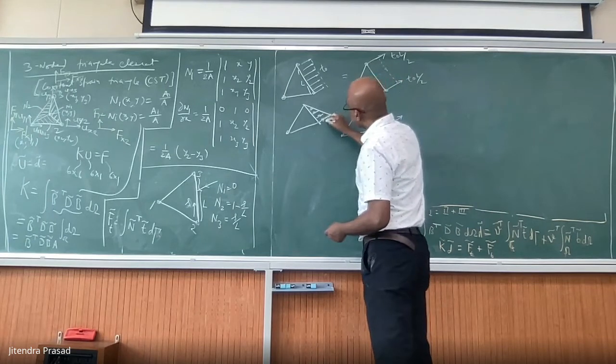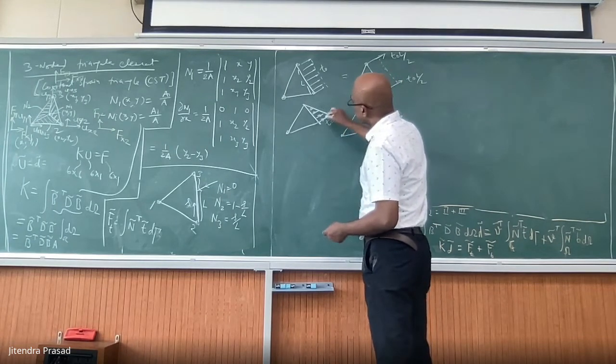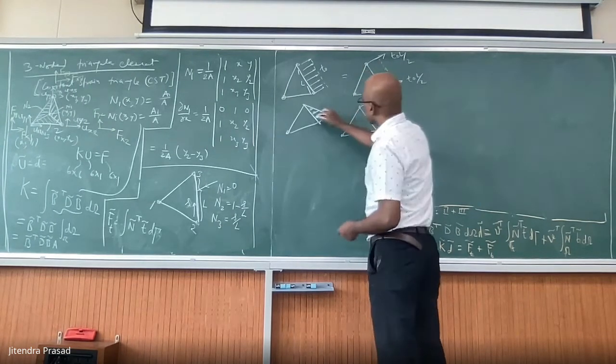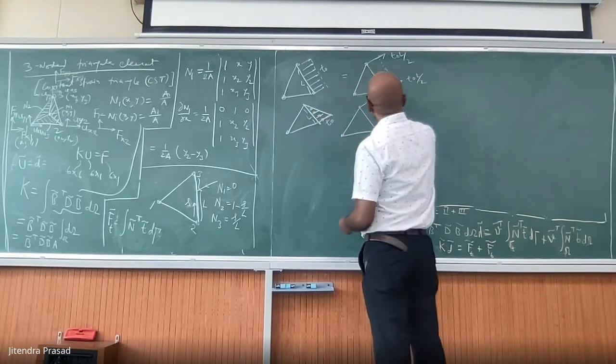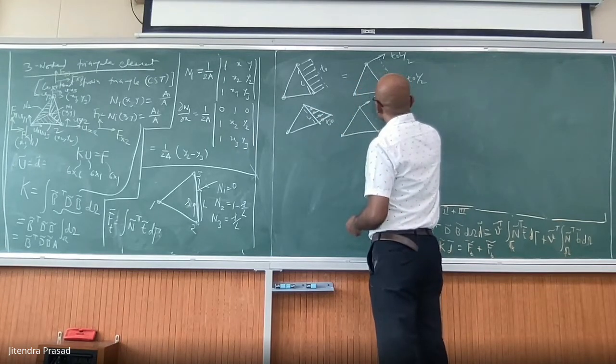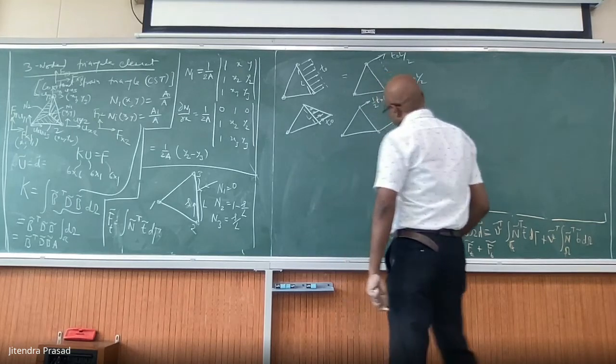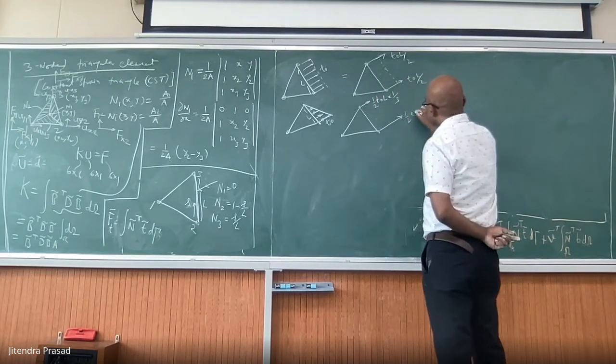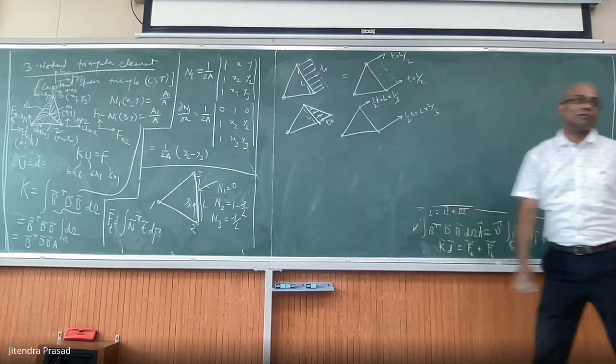Let's call the value at the end T naught. So it is L from here to here. So this will be half T naught L, 1/3 of that, and half T naught L, 2/3 of it comes here.